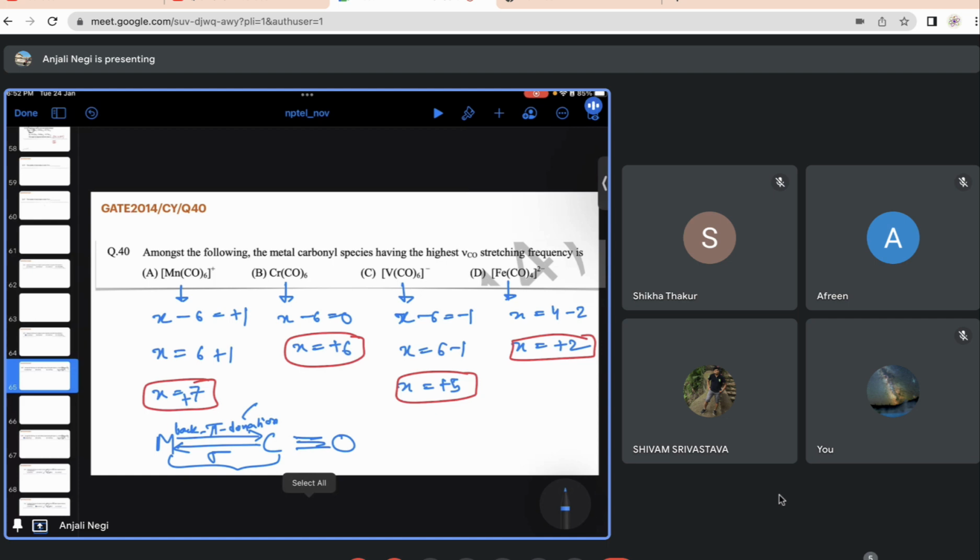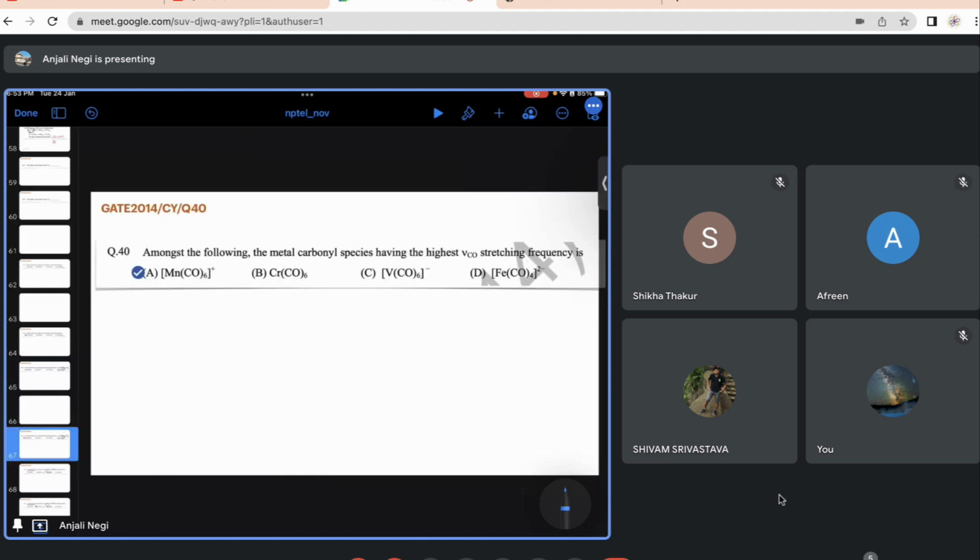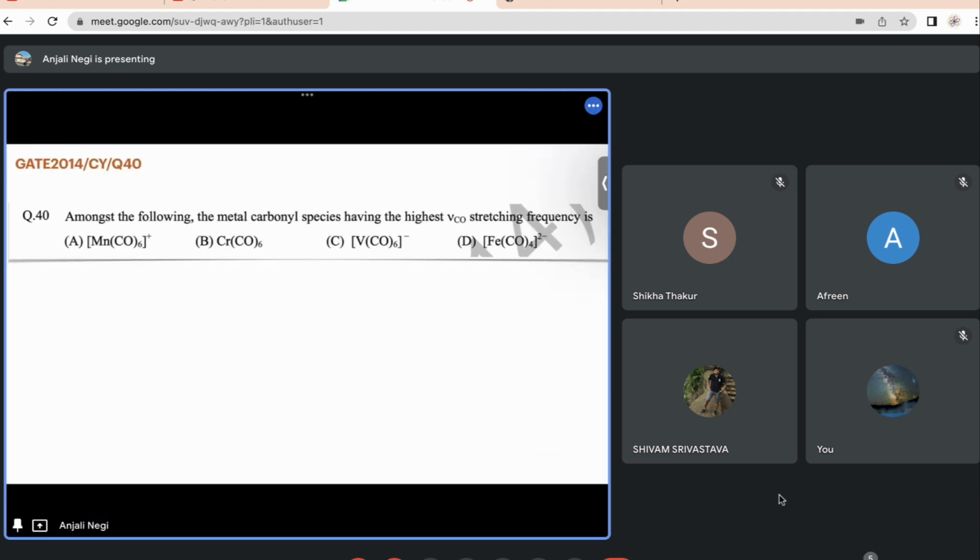So in this case the low back pi donation creates the stronger CO bond, and hence a higher CO stretching frequency is observed in the case of the manganese complex. Okay, so the correct option for this particular problem is option number A.